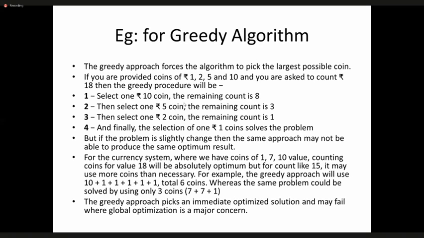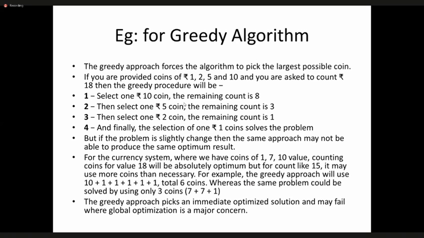The greedy procedure will be select one $10 coin, then another $5 coin, then a $2 coin, then a $1 coin. Using these 4 coins, you can get the $18, right? If we get the 10 plus 5 plus 2 plus 1, then it forms the $18.